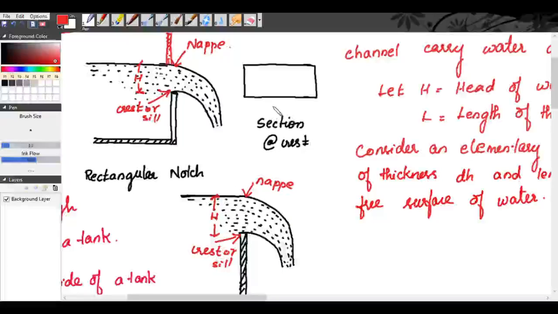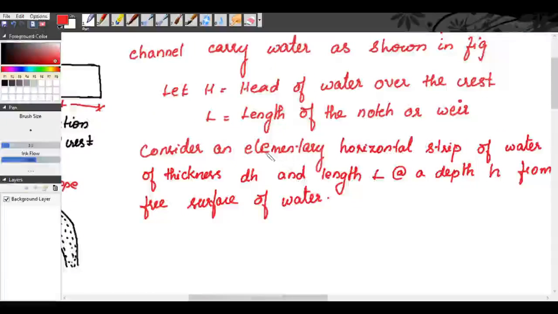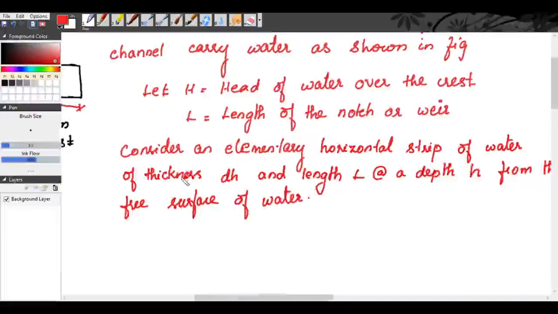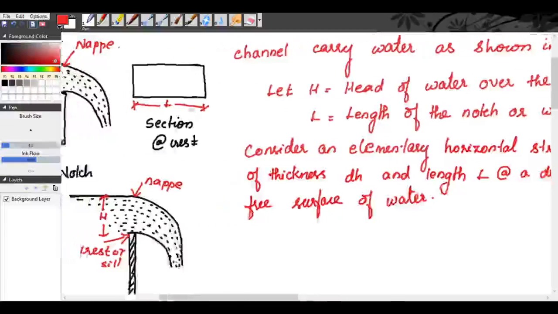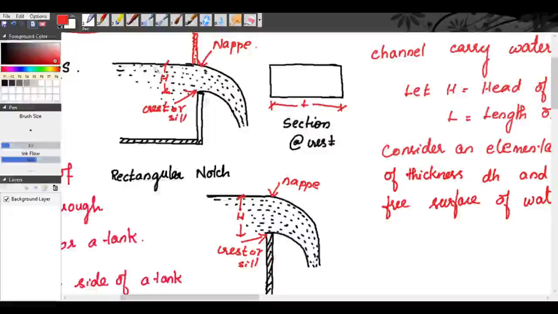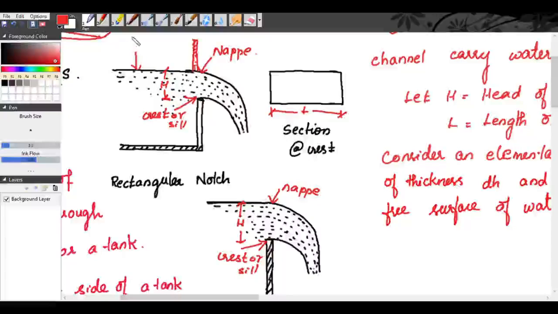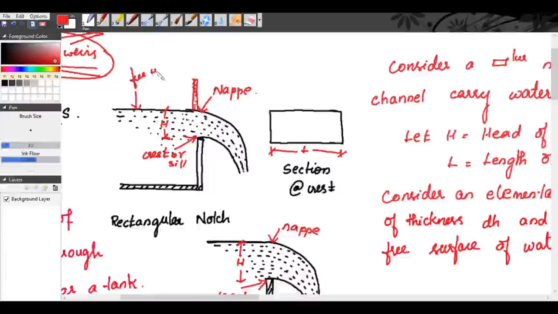And L you can mark it as the section length of the notch or weir. Now consider an elementary horizontal stripe of water of thickness dH and length L at a depth h from the free surface of water. This is the free water surface.